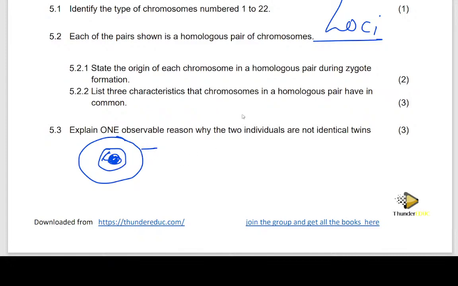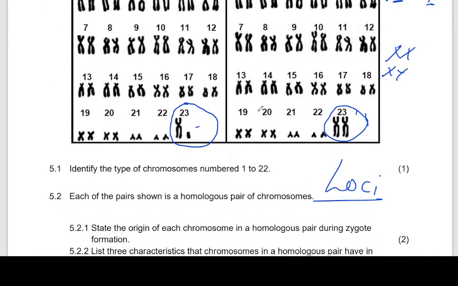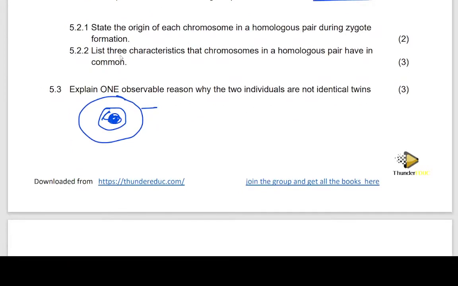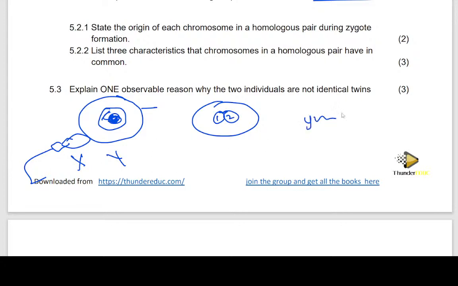Why are these karyotypes not those of identical twins? This egg must be fertilized by one sperm. This sperm can either be X or it can be Y. If it is X, then this sperm must split this egg into two, so that now you have individual one and individual two. If it was X, they are going to be girls.